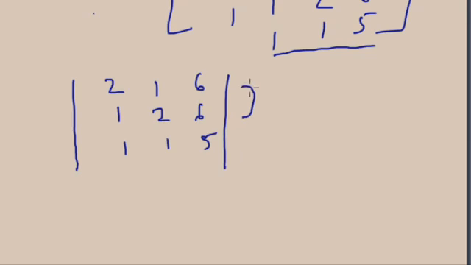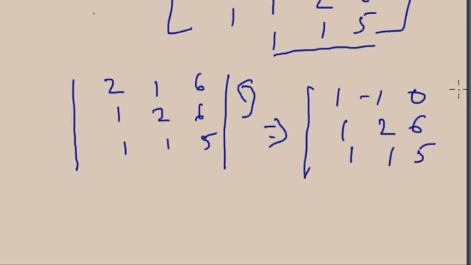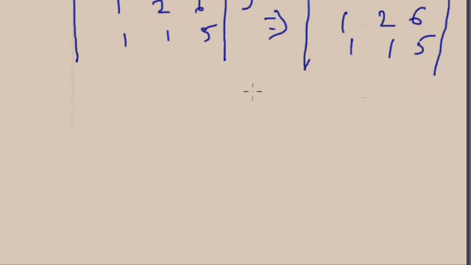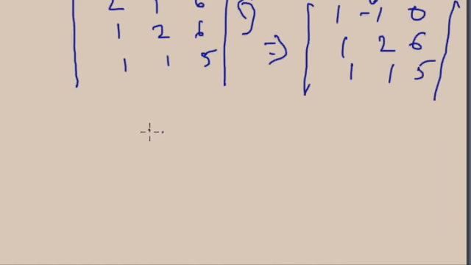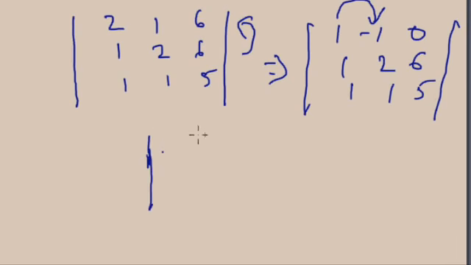Reducing this by performing R1 minus R2, I will get 1 minus 1 0, 1 2 6, 1 1 5, and adding this to this column, it will be equal to 1 1 1, 0 3 2, and 0 6 5.